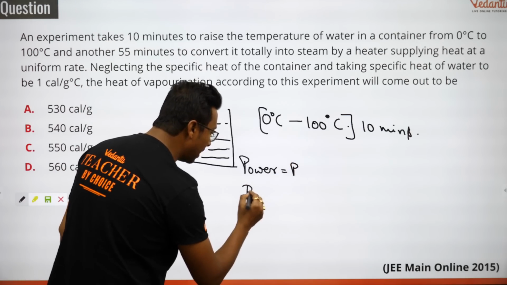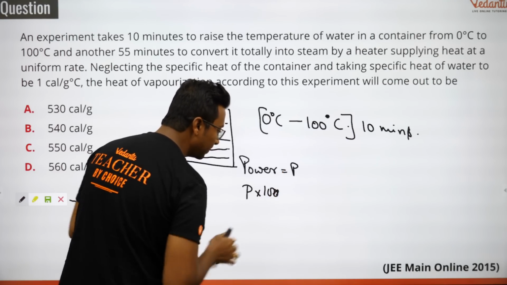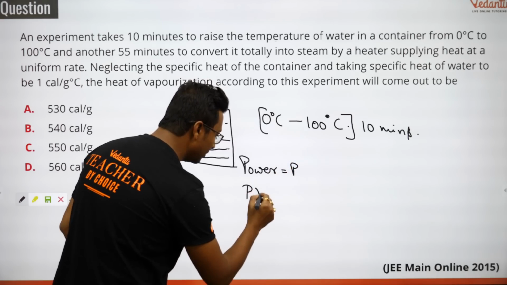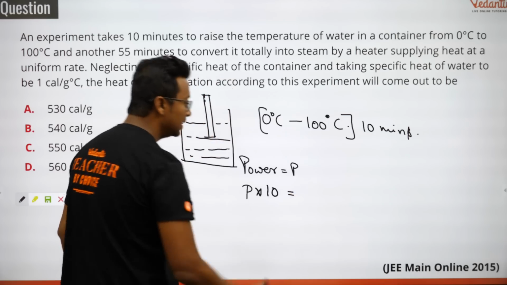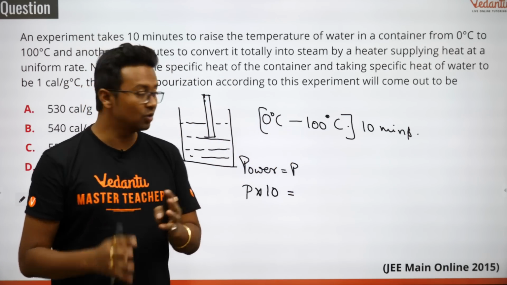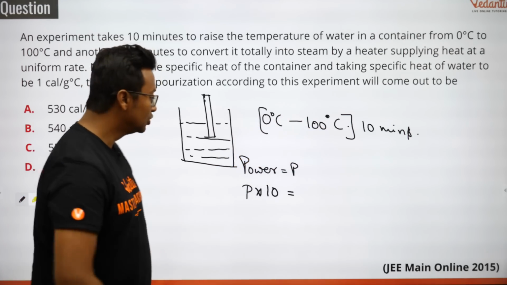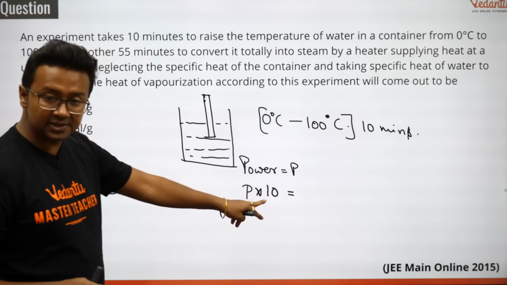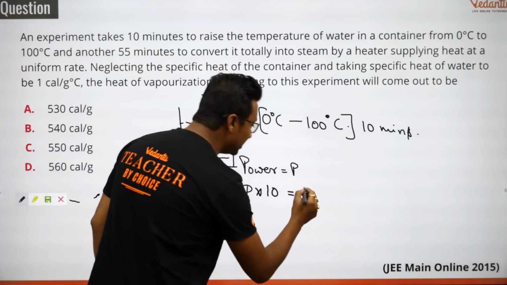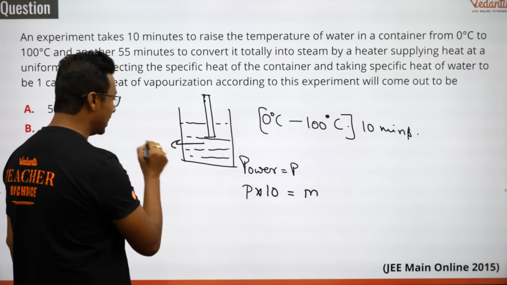That means power into 10 minutes is equivalent to the heat required by the water to go from 0 degree centigrade to 100 degree centigrade. Clear? So how much time will it take? 10 minutes. Power is P. Let's say the mass of the water present inside this is M.